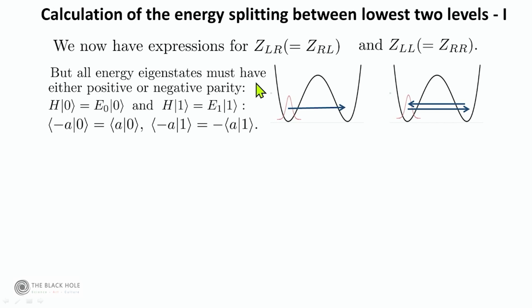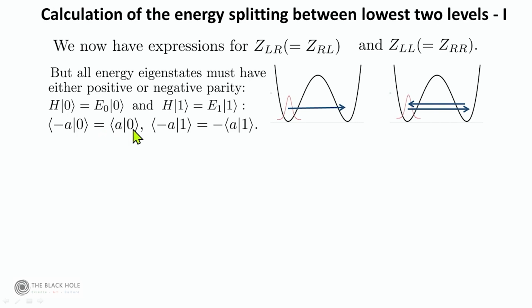So the Hamiltonian commutes with the parity operator in this case, and so the energy eigenstates will be either positive or negative parity. Let's look at the zeroth eigenfunction, H|0> equals E0|0>. And the first one after that, so n equals 1, will be this.